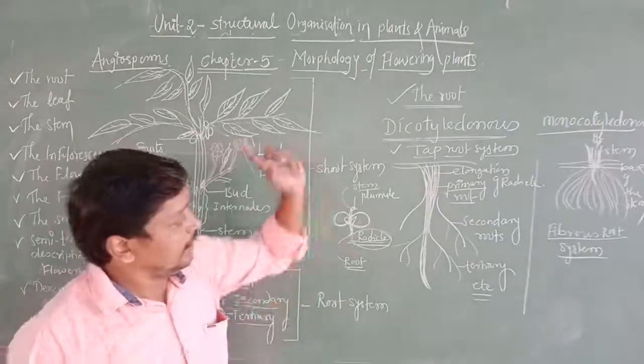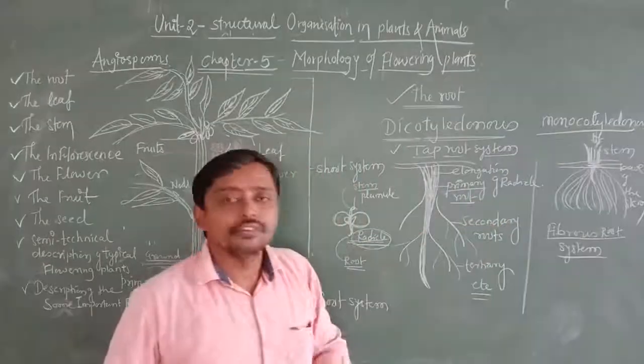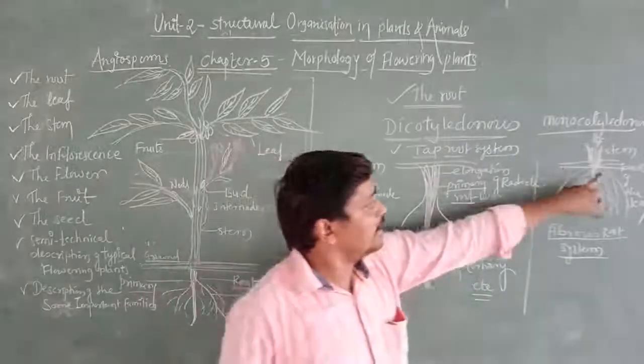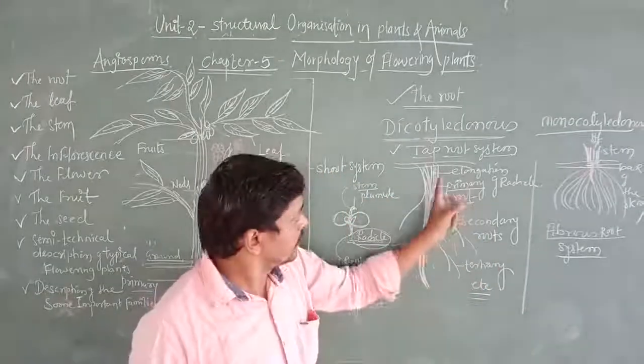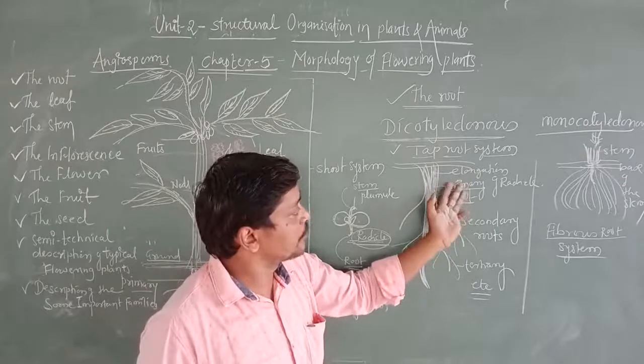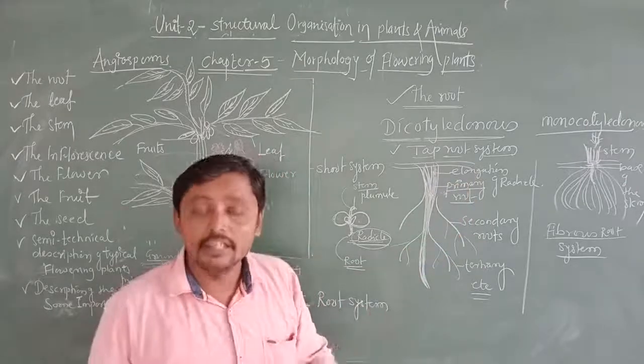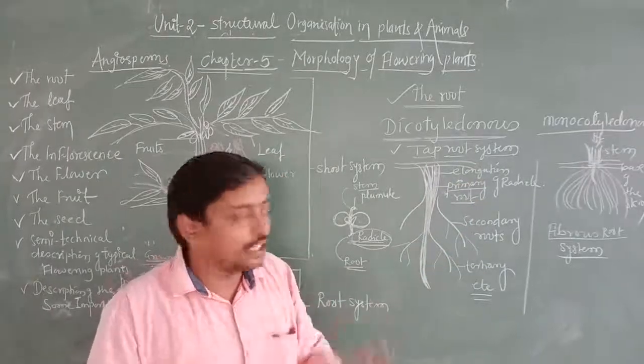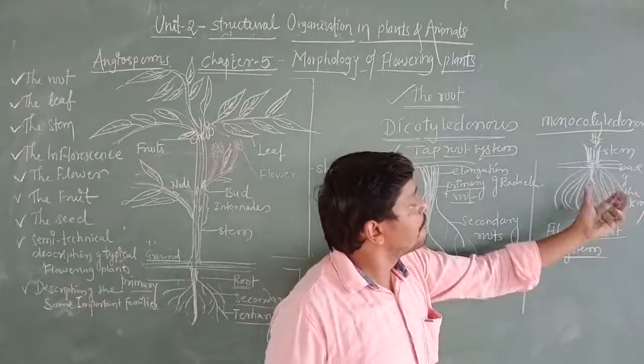In monocotyledonous plants, the primary root, which is formed by the elongation of the radical, is short-lived, and it is replaced by many roots.